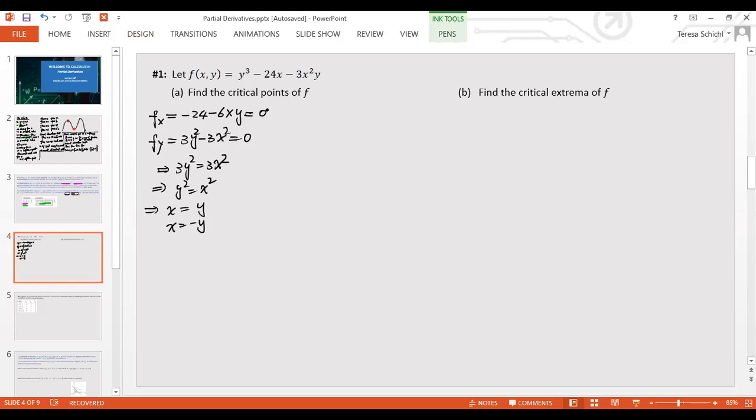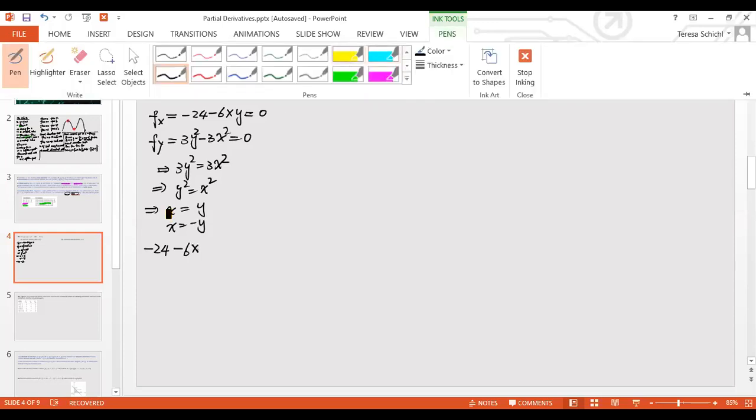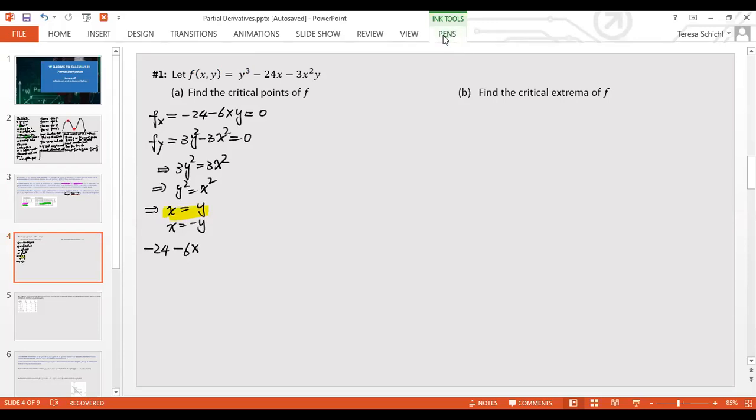Now I substitute back into my first equation. Let's test how good your system-solving is. I have negative 24 minus 6x times y. Let's try the first condition, x equals y.